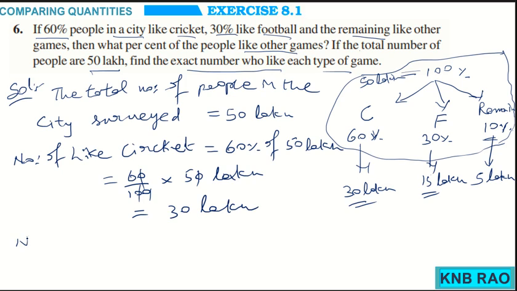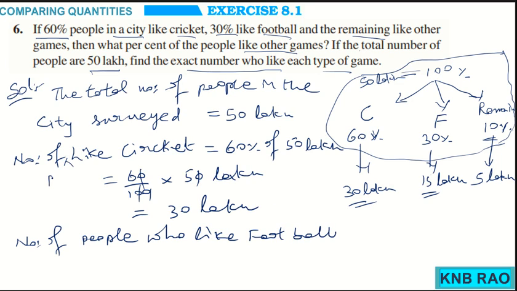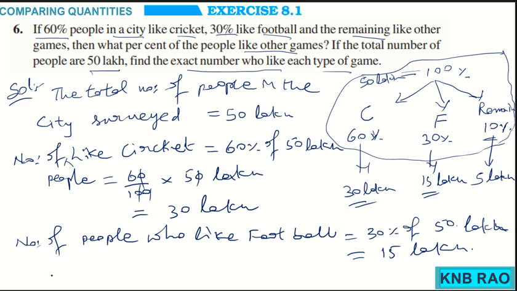Similarly, you need to find the number of people who like football. So the number of people who like football is 30% of 50 lakh. You know how to cancel it, how to solve it. It gives you 15 lakh.